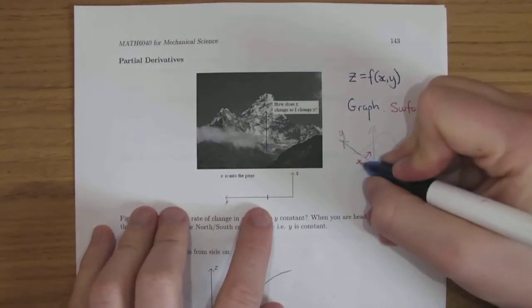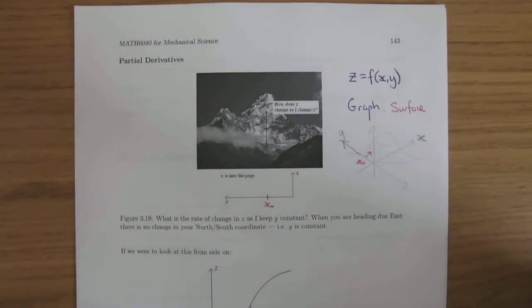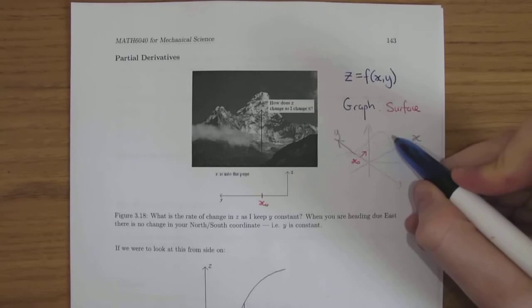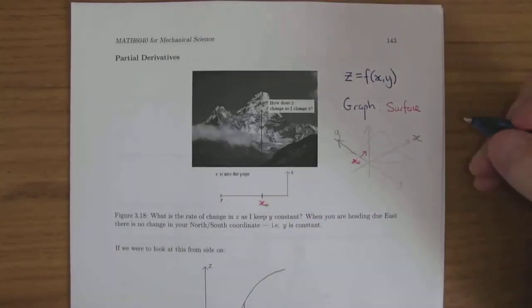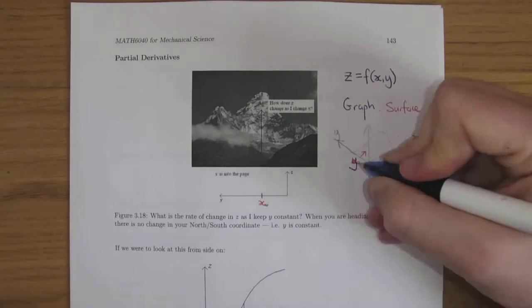We'll call this little point x0. And the question is, how does z change? Now z is just the height, so how does the height change? And this is the interesting thing. When you go in the x direction, your y coordinate does not change. And in fact, as I write here, I made a mistake because this shouldn't be an x0, because x is changing, this should be a y0.